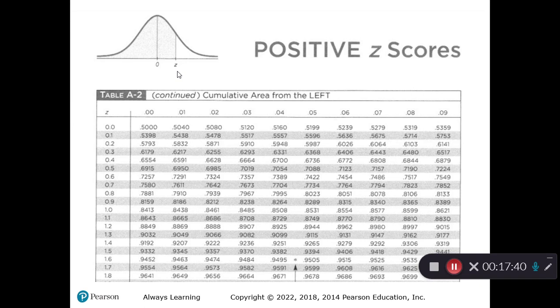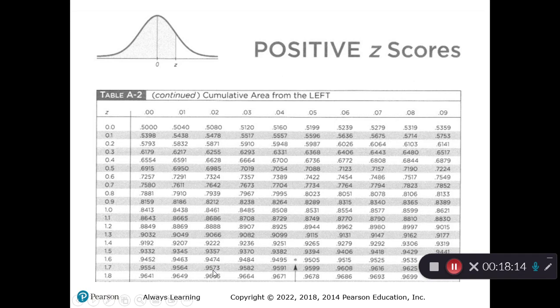Let's say, for instance, that this z-score at the top was equal to positive 1.72. So we would go here to z equals 1.7 in the first column, and then to get that 2 into the hundredths place, the second decimal place, we would follow that row until we got to the 0.02 at the top for the hundredths place.